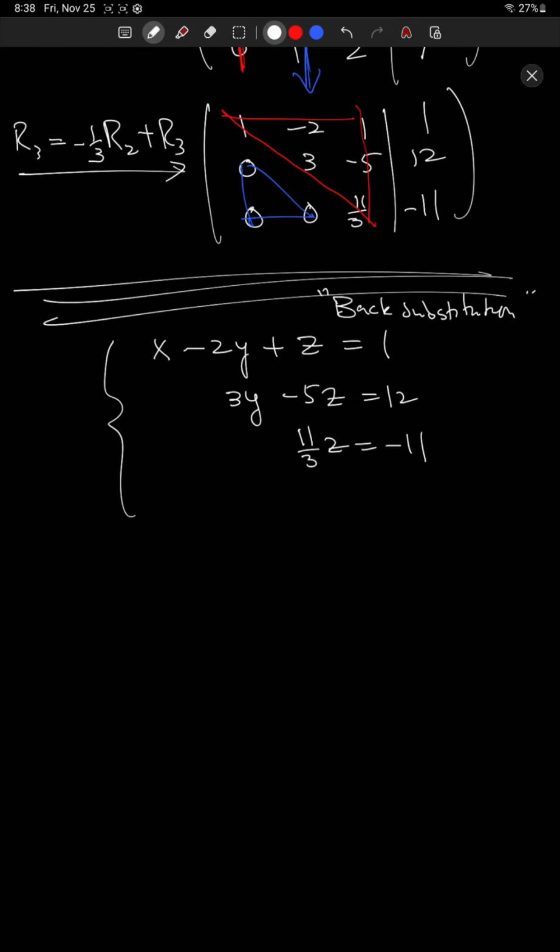And now we always work from the bottom up. We solve z, solve y, and then solve x. So here, this is exactly the same as what we did earlier. No change. Same as before.